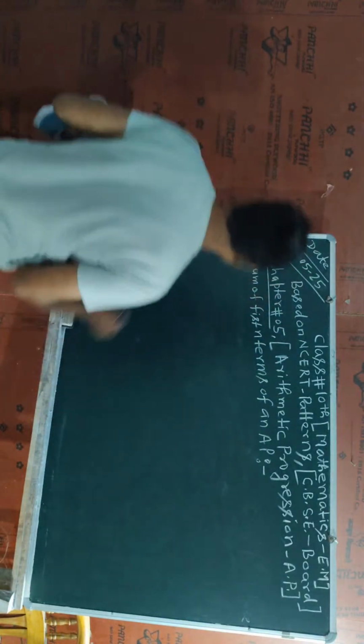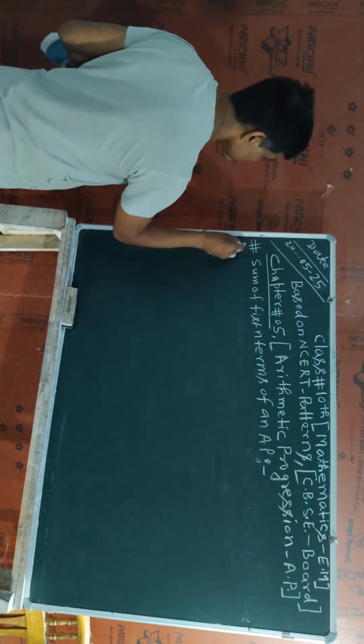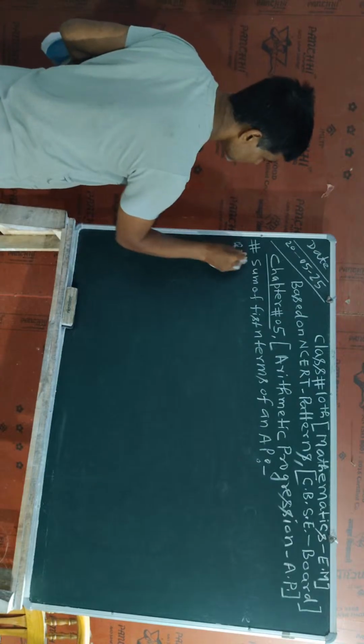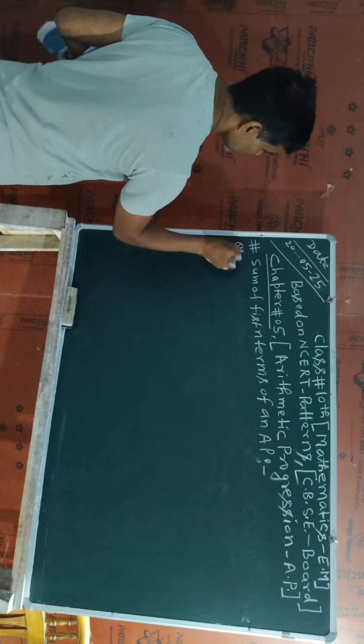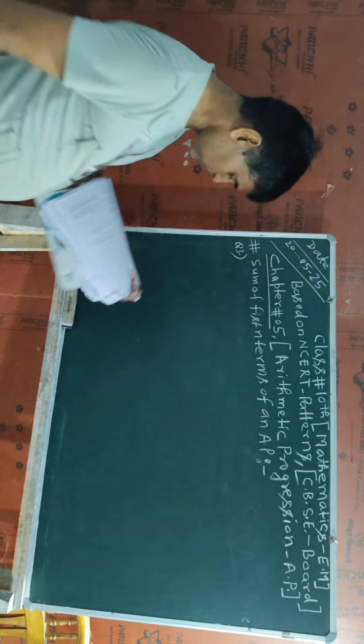Okay student, now further I am going to write question number 3 which is based on this topic. This is question number 3 and that question is based on this topic.